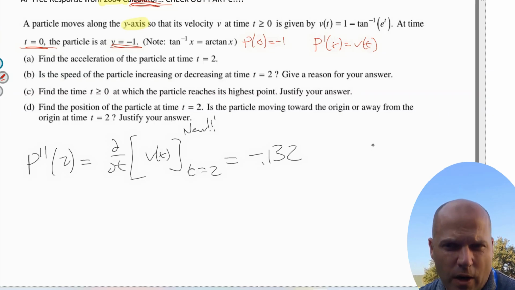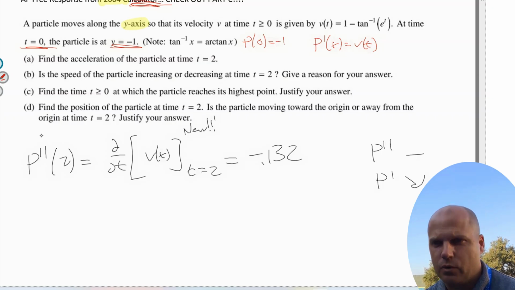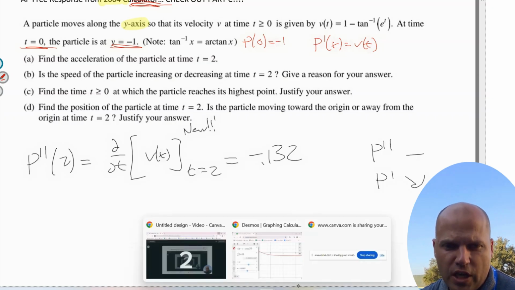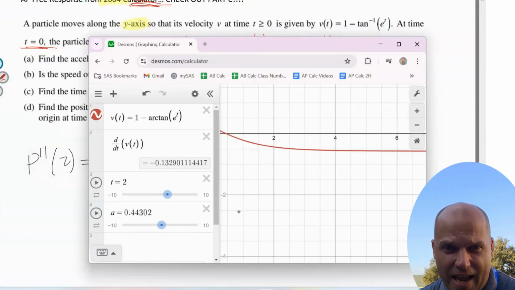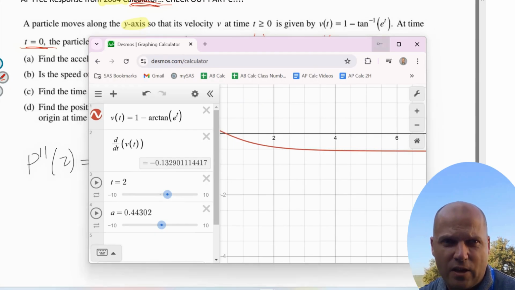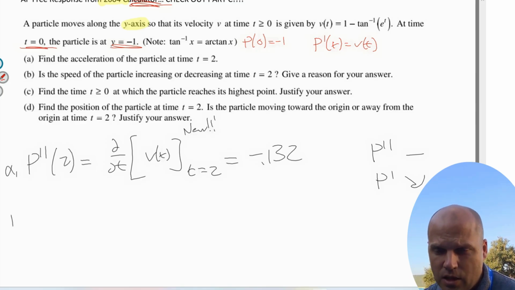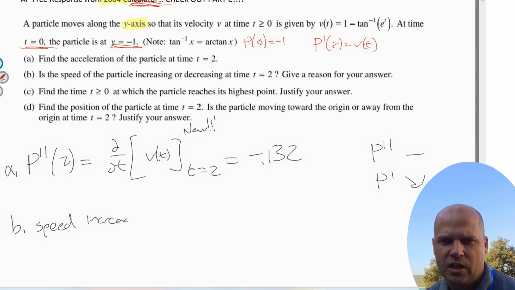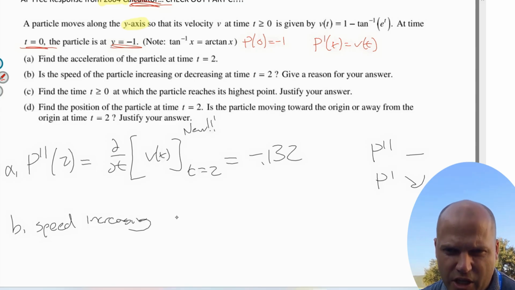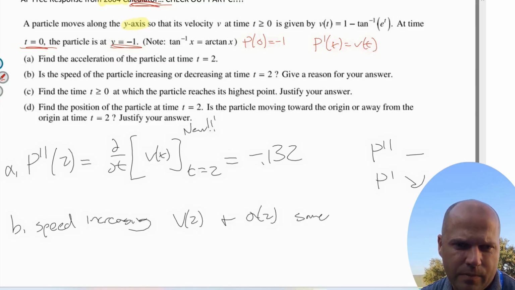What does that mean? Okay, well, if the second derivative is negative, the first derivative is decreasing. Cool. You can see how your velocity is negative and decreasing, which means your velocity values are getting further away. So that means your speed is increasing. What do you mean my speed is increasing? Yes, my speed is increasing because my velocity and my acceleration have the same sign.